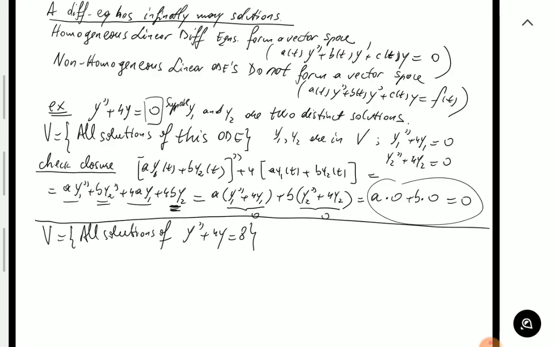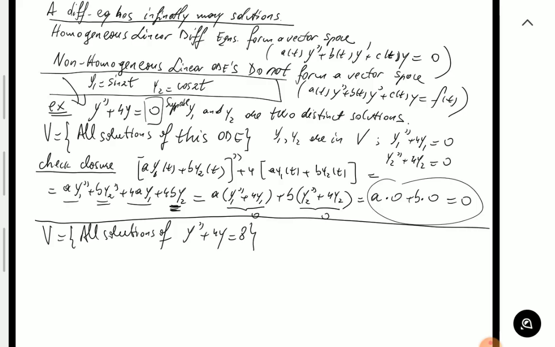And by the way, if you're curious, for this particular ODE, two independent solutions that can be found are sine of 2t and cosine of 2t. You study the characteristic equation. I'm going to get into that. If you plug in sine of 2t and cosine of 2t, you're going to end up with two solutions.